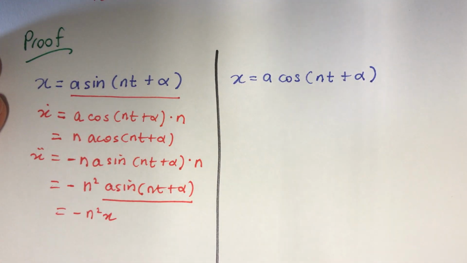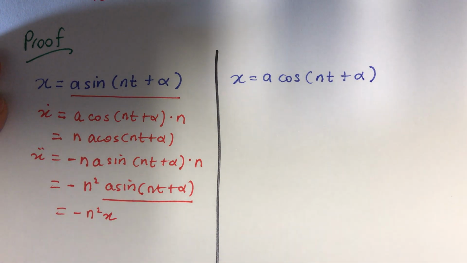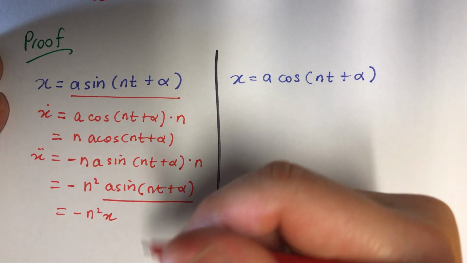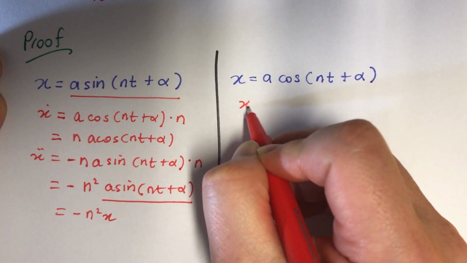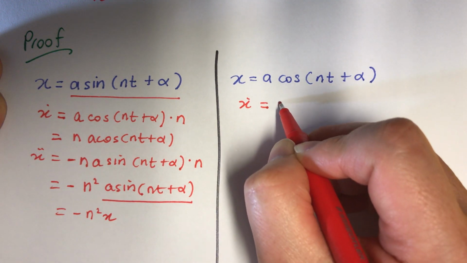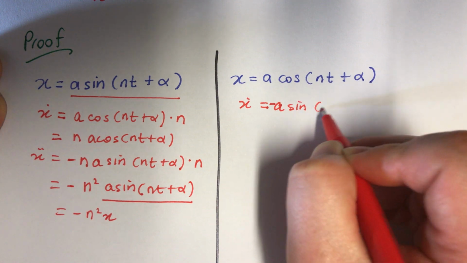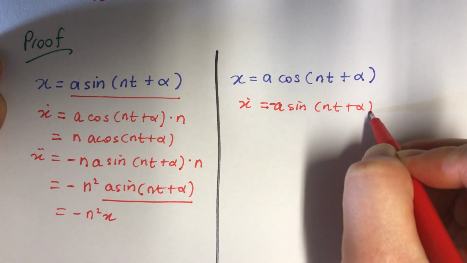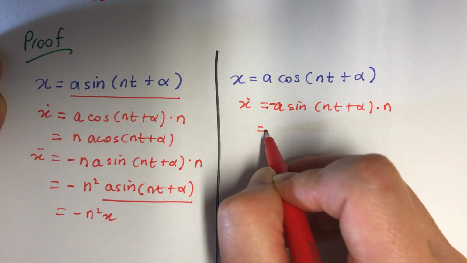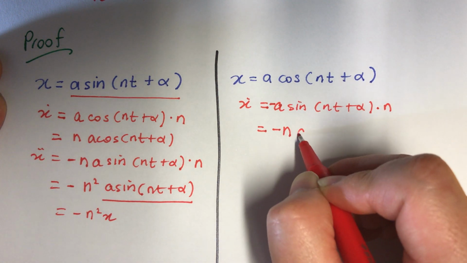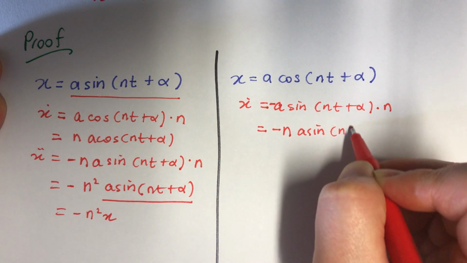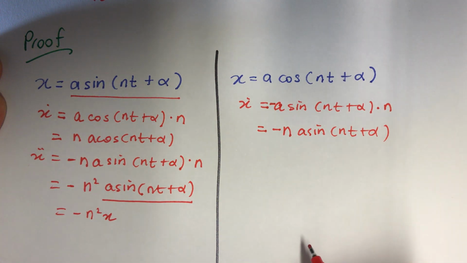Now let's have a look at the other one. So x dot equals, this time, minus a sin(nt plus alpha) times n. So I'm going to put minus n a sin(nt plus alpha).